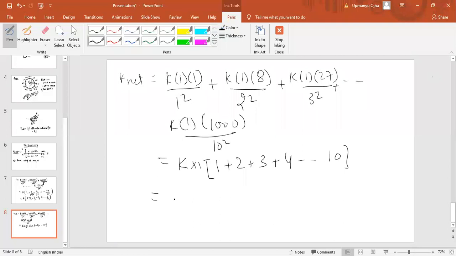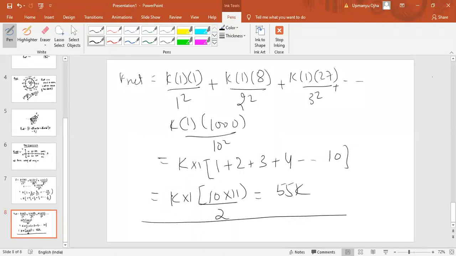Then the net force k into 1 will be equal to 1 plus 2 plus 3 plus 4 up to 10. It becomes an AP, and the sum will be equal to 10 into 11 by 2. Therefore, the answer will come as 55 k. So that is the net force acting on the charge which is placed at the origin.